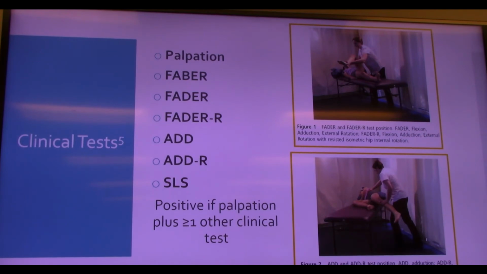And then they also looked at single leg stance. The patient was standing with their affected side facing away from a wall. They were allowed to touch the wall with their fingertips for balance, and the knee facing the wall would be bent at 90 degrees. Then they were asked to stand on their affected leg for 30 seconds, and if it was painful at any point in time, that was considered positive.